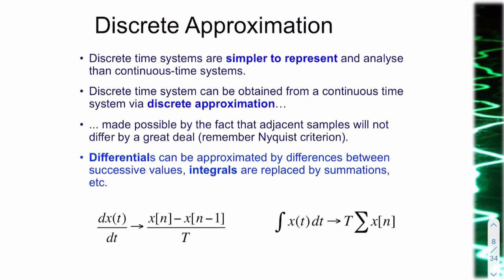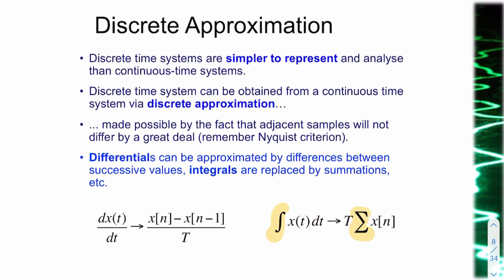So let's start by introducing an approximation that will take us from a continuous time system or signal to a discrete time signal. And that will allow us to go from integration to summation.